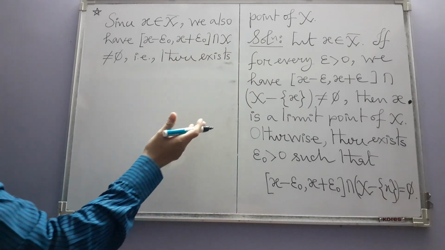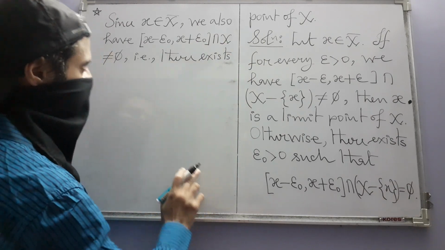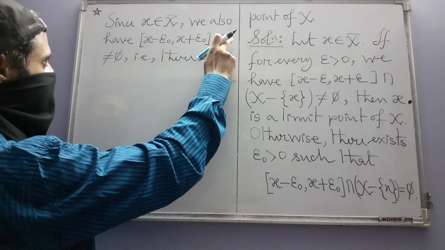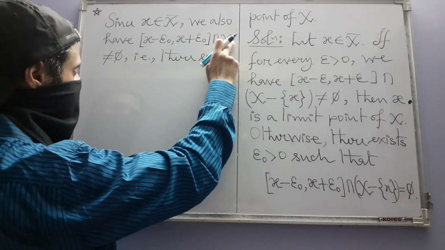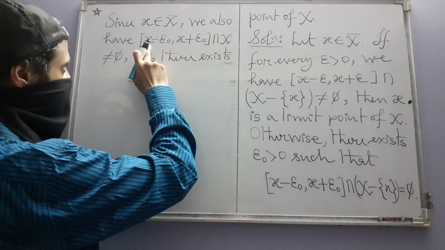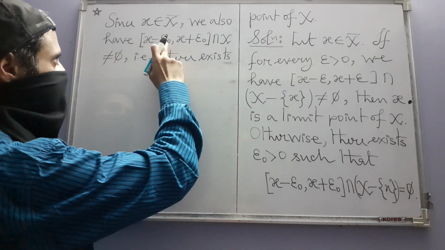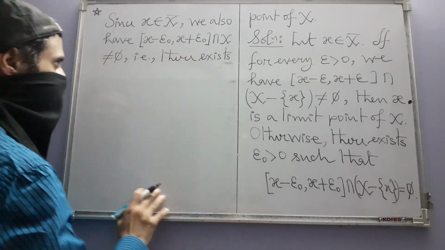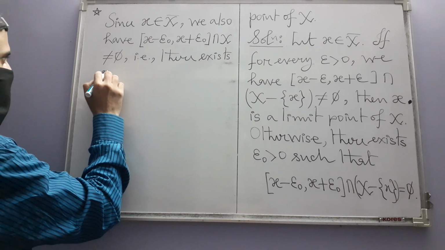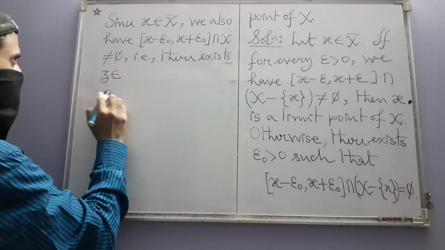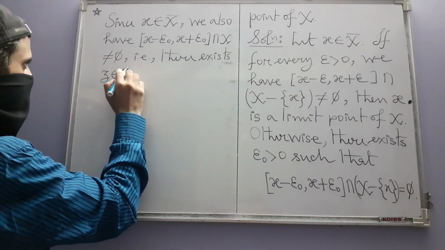Or in other words, in the language of inequalities, there will be at least one element in X which is close to small x in the sense that the distance between them is at most epsilon 0. And let z be such an element.